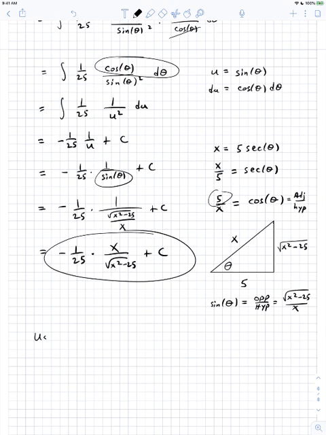So use a tangent substitution when there are terms that look like the square root of x squared plus, say, a squared.